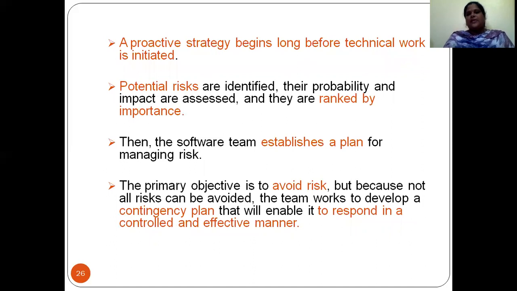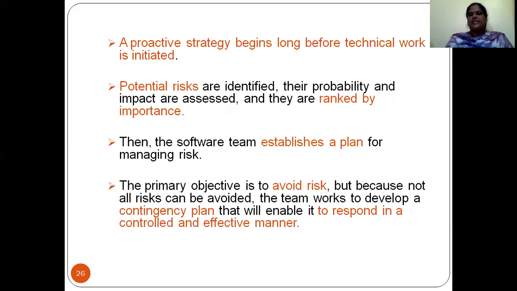Now, a proactive strategy begins long before technical work is initiated. So before technical work is initiated, we find the risks; that comes under the proactive strategy. Potential risks are identified, their probability and impact are assessed, and they are ranked by importance. First, you give a rank, and according to the ranks, you sort out the risks.